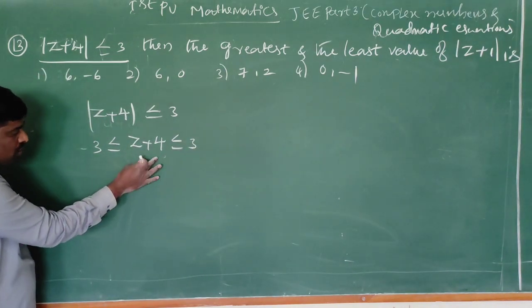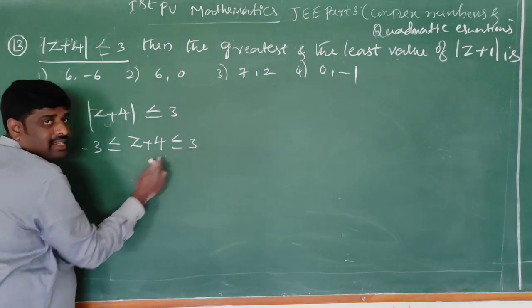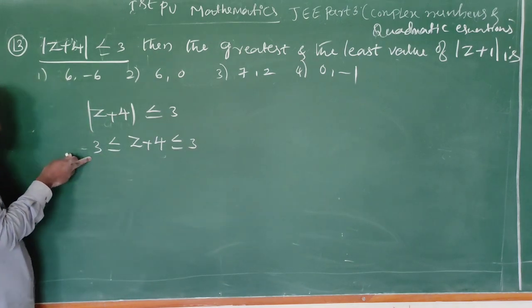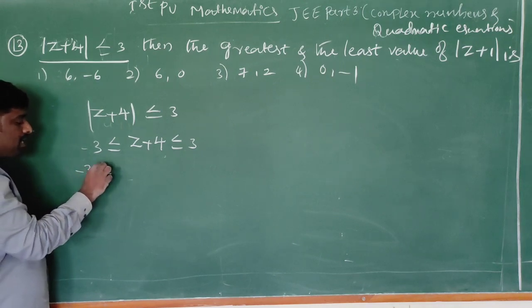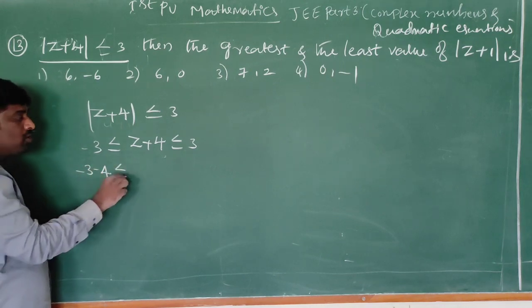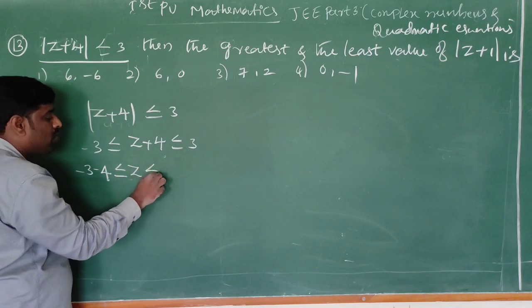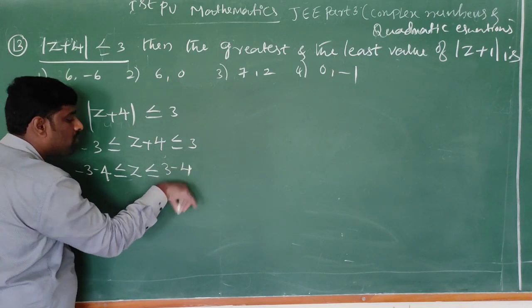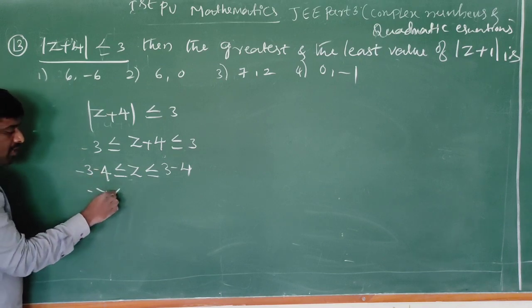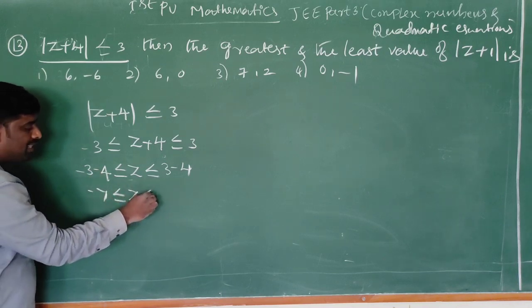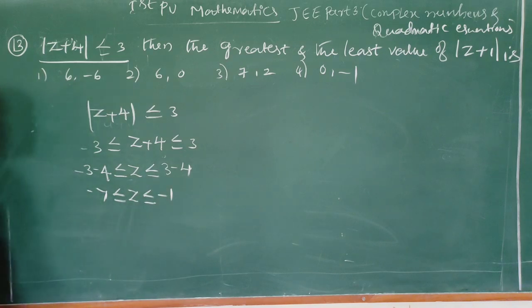This 4 shifts to this side and this side. Plus 4 shifted becomes minus 4. Minus 3 minus 4 less than or equal to z less than or equal to 3 minus 4. Minus 3 minus 4 is minus 7, less than or equal to z less than or equal to minus 1.